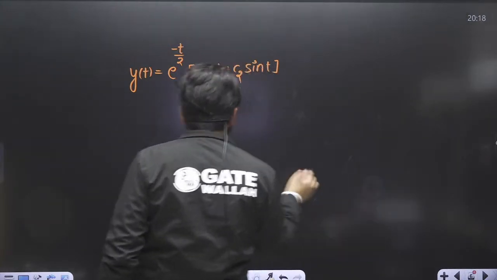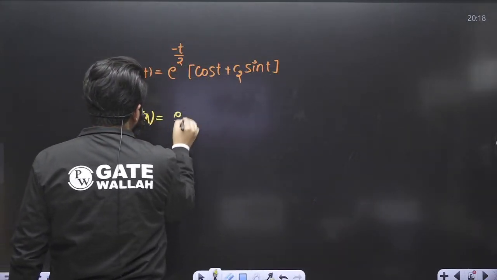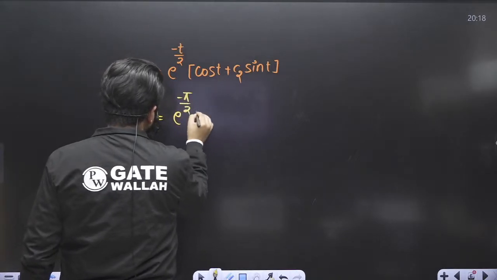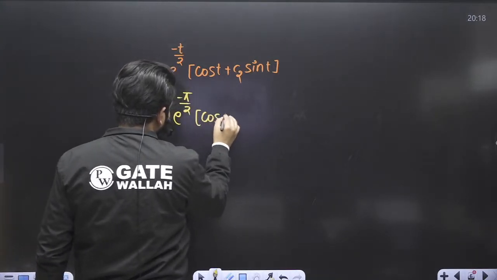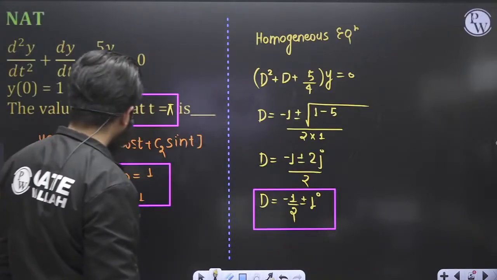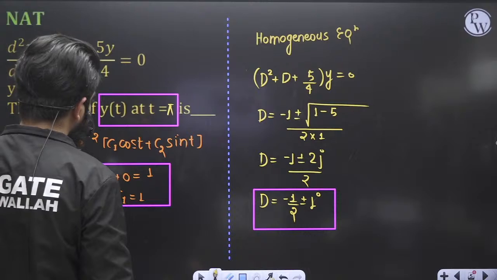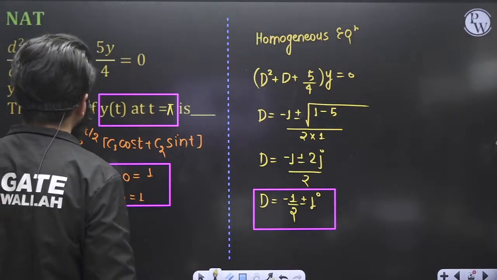Now I'll be putting the value of pi instead of t. If I put pi, this will become e to the power minus pi by 2 into cos pi plus c2 sin pi.